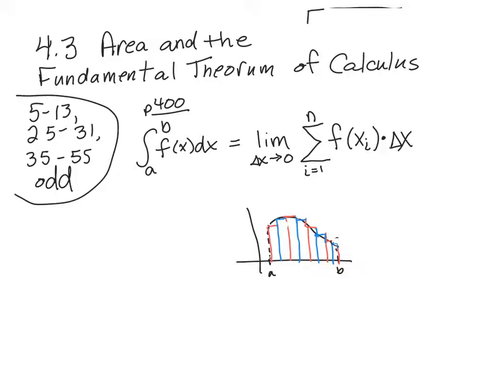And the only way to make this perfect is if we have an infinite number of rectangles. If there's an infinite number of rectangles, then the width is a very tiny change in the x value, and the height of each rectangle is the y value for whatever x you're at. So this represents the height, there's your width, and you're going to add them all together to get the area.